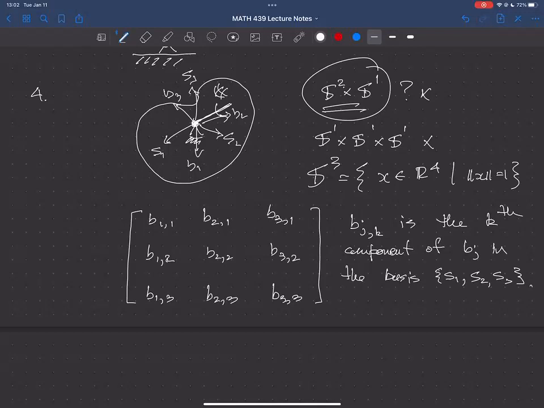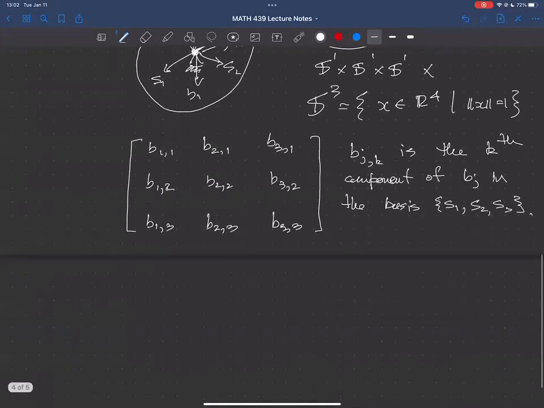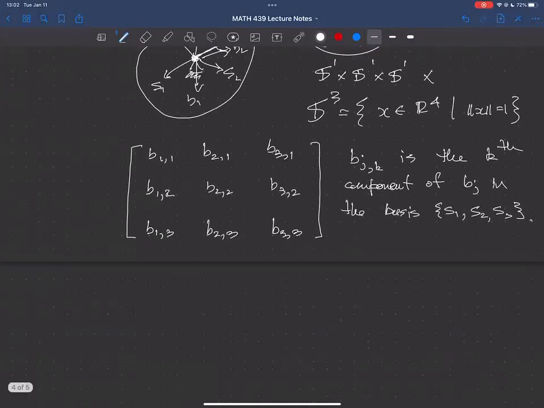Okay, so I build this matrix. Now finding those components is actually fairly easy, because I'm going to declare that this basis is an orthonormal basis. Each of the vectors has unit length. So I'm in R3 now, right?